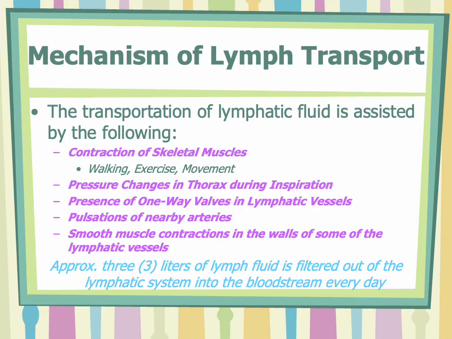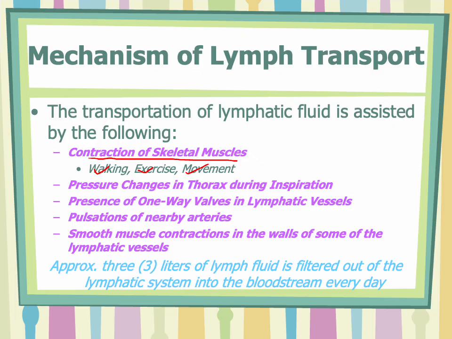So now, how are we aiding the lymph to be transported? The lymphatic flow is assisted by the contraction of skeletal muscles, also the actions of walking, exercise, and movement. Okay?